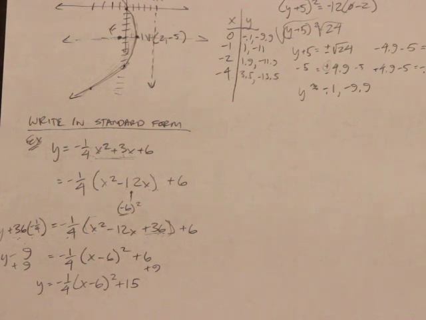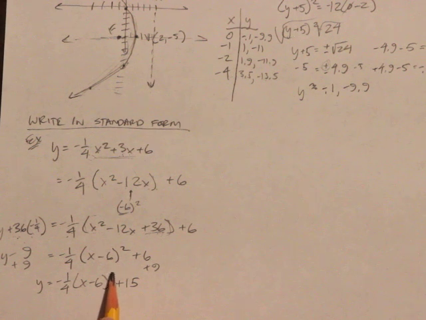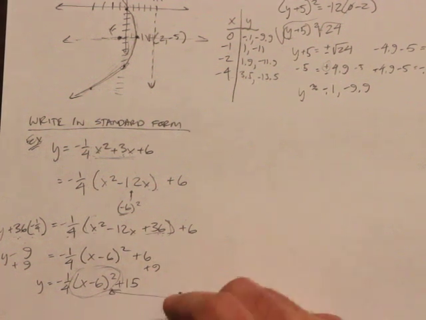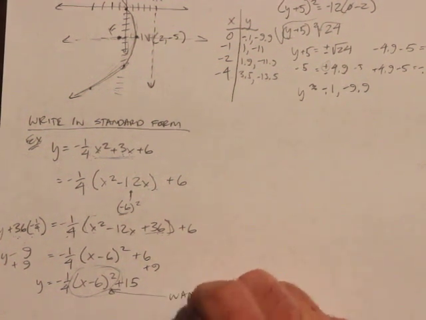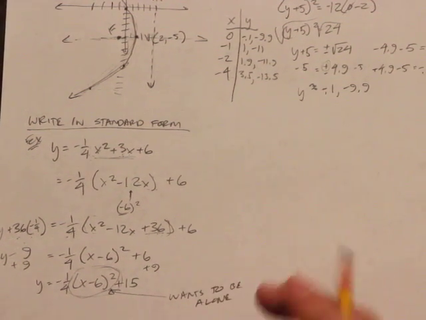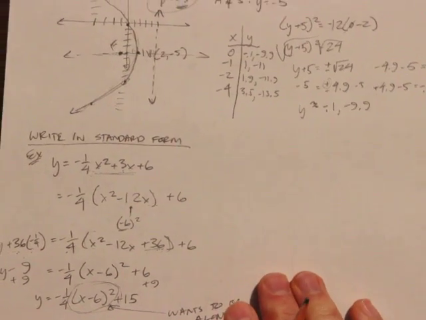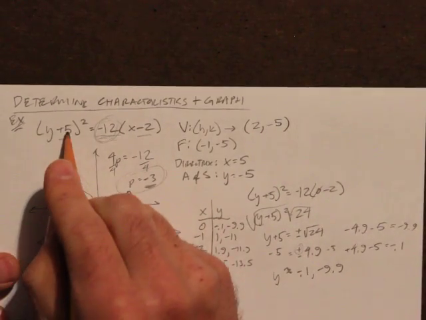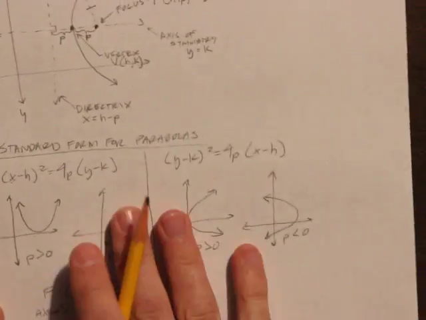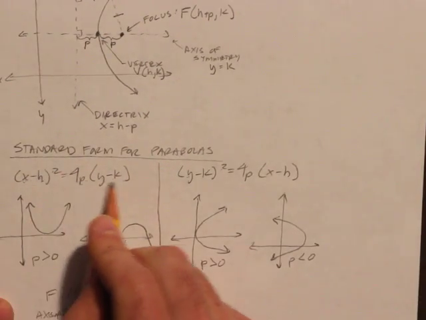Now, see how this one is the squared one? The one that's squared wants to be alone. Remember, in our standard form, we have y plus 5 squared equals all of this mess, or x minus h squared equals all of this mess.